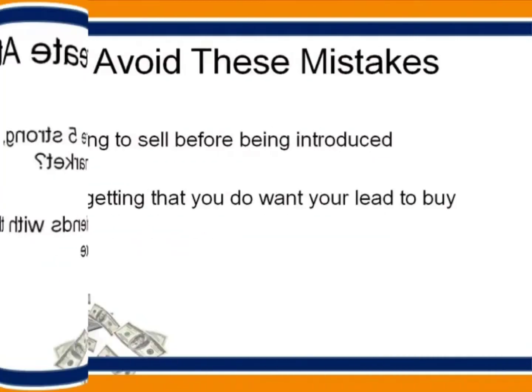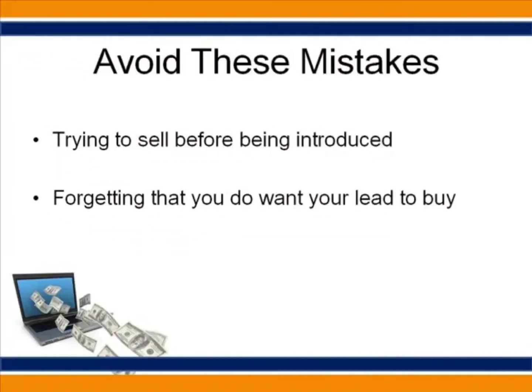To continue with our car shopping analogy, there are 2 equally fatal mistakes to make. First, trying to sell your car shopping lead that pickup truck straight away before you've barely been introduced. And at the other end of the scale, forgetting that you do ultimately want them to buy.